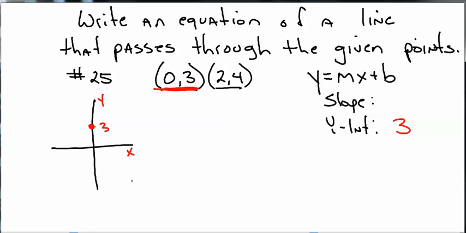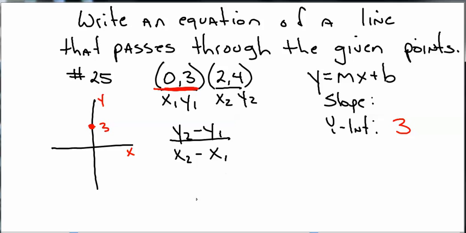Now you just need to find the slope. So you do the slope formula. Okay? And I would keep labeling these until you get real good at it. There's your x1 and your y1, x2 and y2. Alright? And the formula is y2 minus y1 over x2 minus x1. And then fill it in. Or substitute.